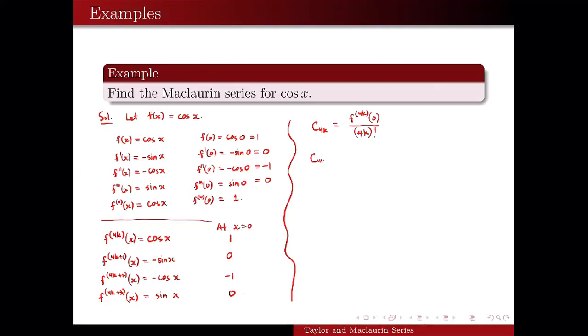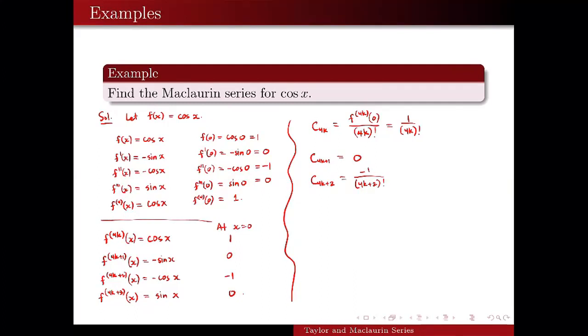C sub 4k plus 1 is just 0. Here, I'll write it as 1 over 4k factorial. C sub 4k plus 2 will get negative 1 over 4k plus 2 factorial.